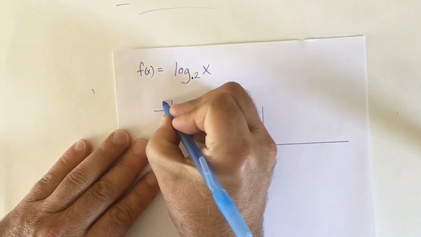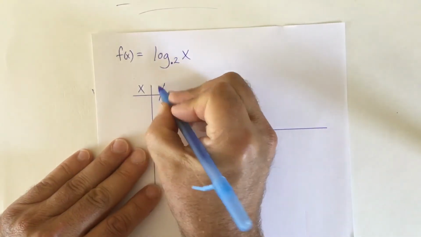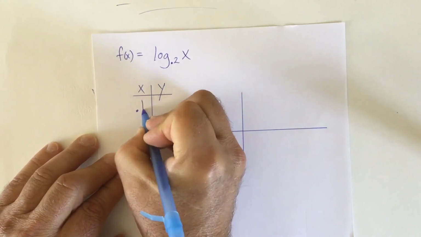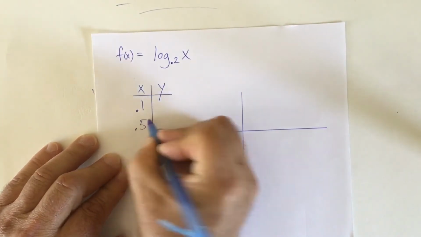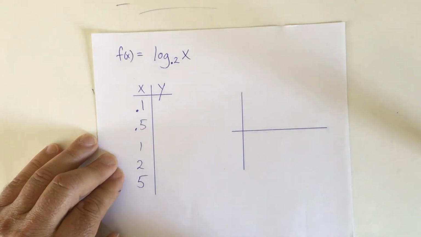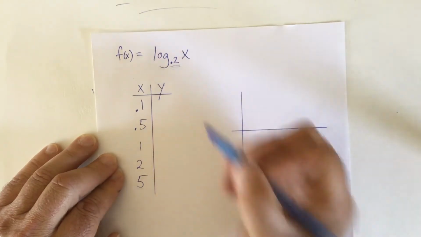I am going to plug in X information. I am going to get out Y information. My plug-in numbers are going to be the same every time, 0.1, 0.5, 1, 2, and 5. That's my input. I am going to have to trick my calculator into thinking it's base 0.2.